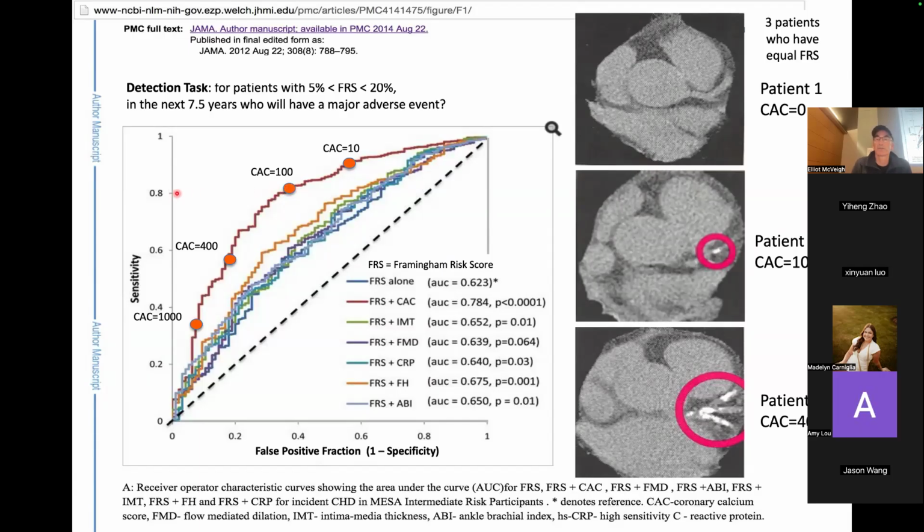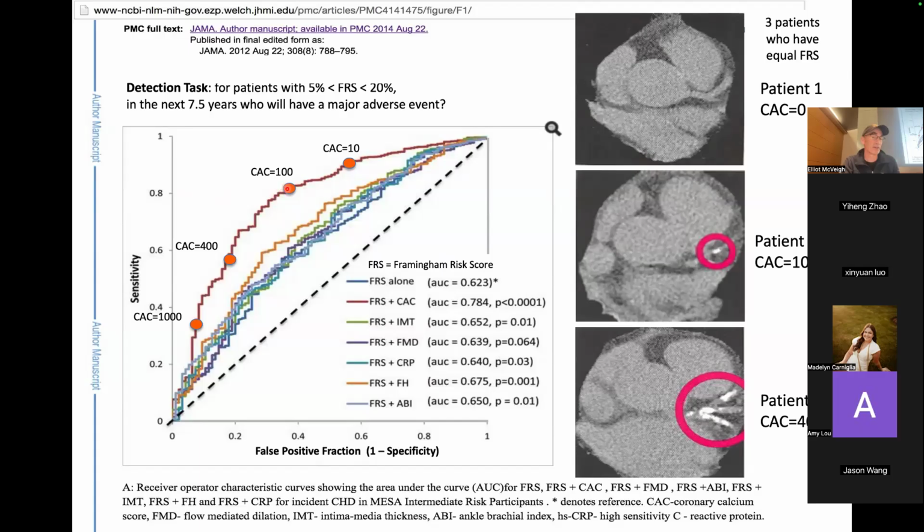And the sensitivity, if I set it to 100, is I pick up 80% of the people that actually went on to have heart attacks. So there were some people who have lower calcium and they have a heart attack. I missed them, because I didn't make my test sensitive enough by setting it at 100.